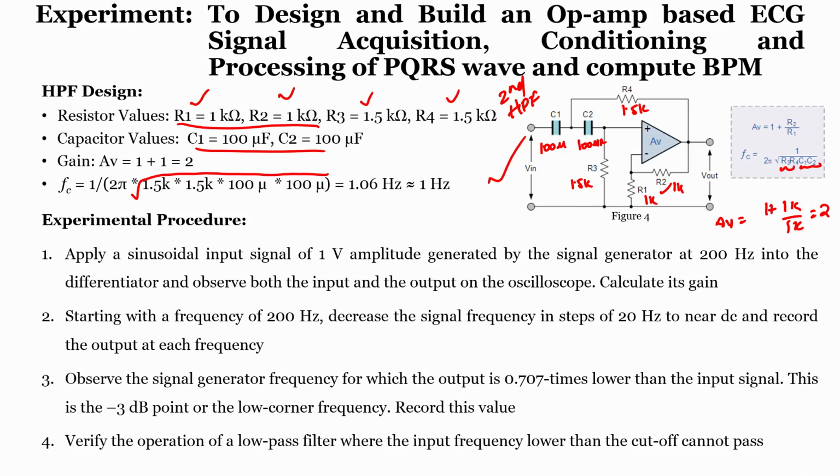Since the cutoff frequency is 1 hertz, we will go from somewhere around 10 millihertz to greater than 100 hertz, somewhere around 200 hertz also we can go, right. We will slowly increase the frequency and we will use an input signal of 1 volt.